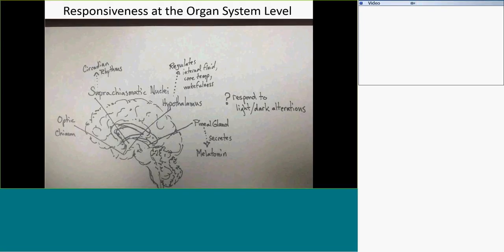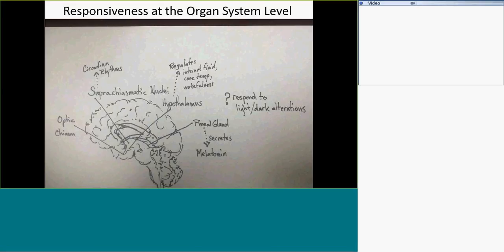So you might be thinking to yourself, what does all this mean? All right, this idea of responsiveness. So we have hormones that act as signals. The melatonin levels, for example, help to generate this concept of wakefulness, our ability to wake up, right? The table on page 365 in your book also suggests that taking supplements of melatonin can help with things such as insomnia or even depression and anxiety.